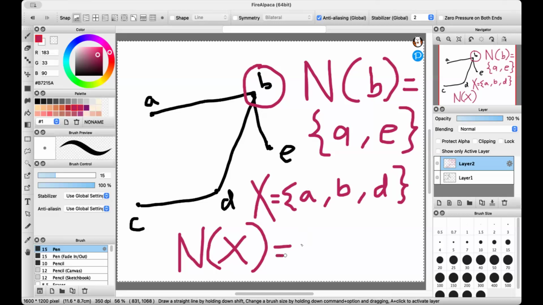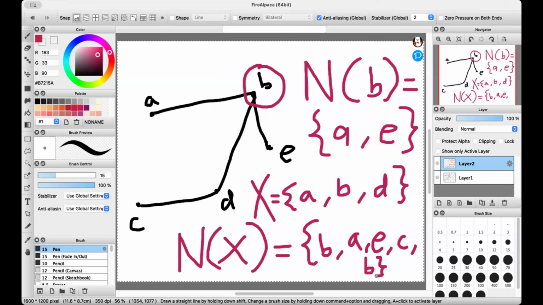A is adjacent to B, so B is in there. B is adjacent to A and E, so these are in there. And D is adjacent to C and B. So this would be the neighborhood of this set X. That makes sense so far?